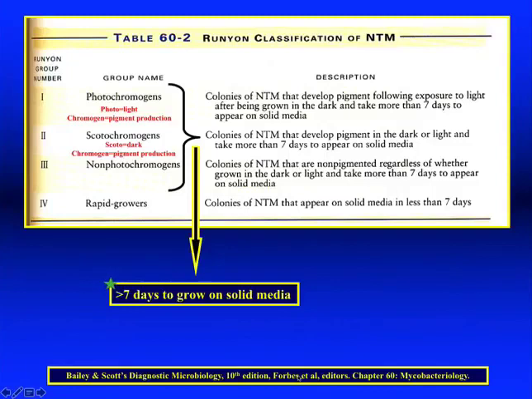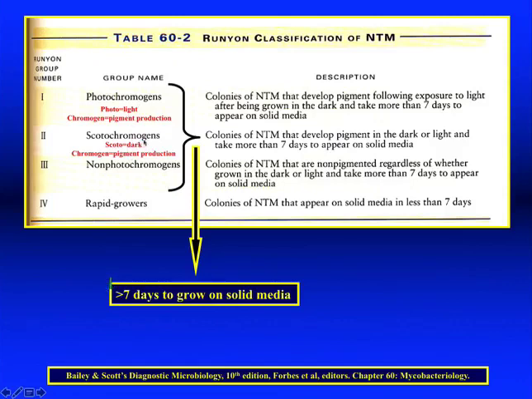So, if they grow in more than 7 days on solid media, we'll break them down into photochromogens, which means pigment production in the light. So they're colonies that develop pigment following exposure to light only. Scotochromogens, scoto means dark, so pigment production in the dark or light.